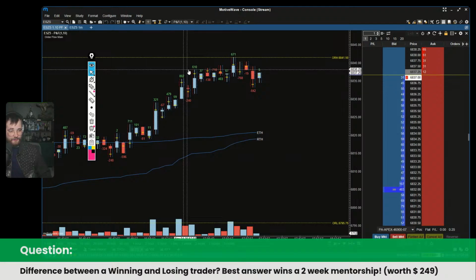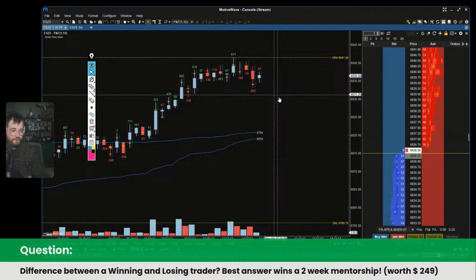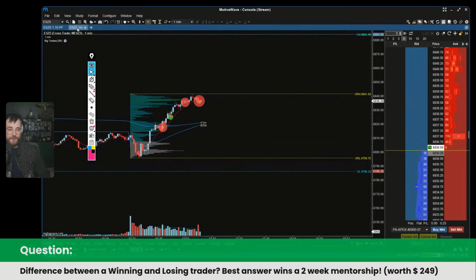Huge negative delta there. I'm still seeing sellers coming in, so it would look great for a short trade here, personally.